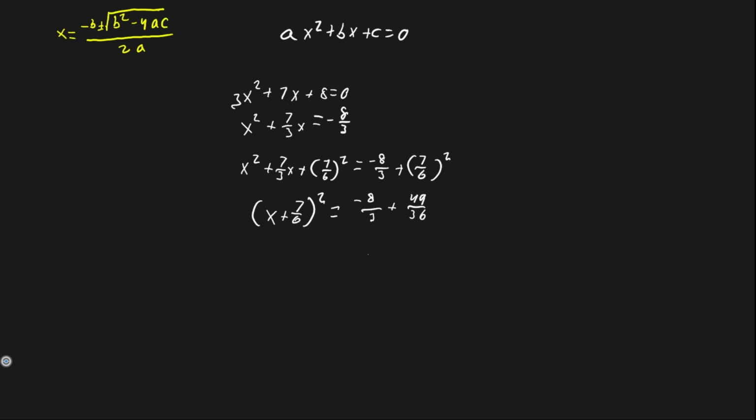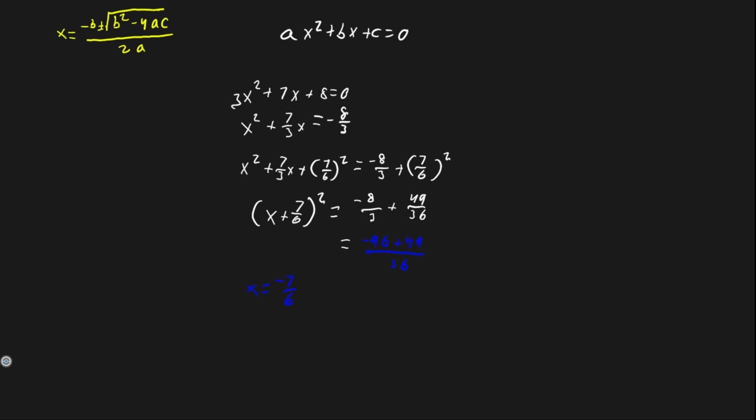And we're going to go ahead and multiply negative 8 over 3 so that we get a common denominator of 36, and by multiplying by 12, we see that 12 times 3 is 36, and negative 8 times 12 is negative 96, plus 49 over 36.